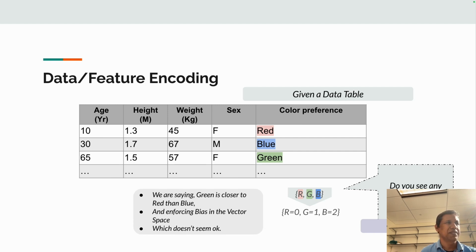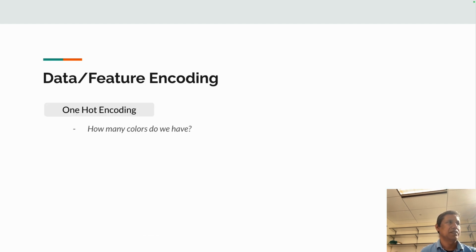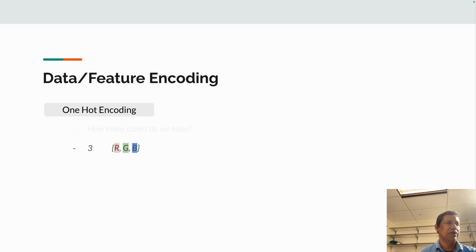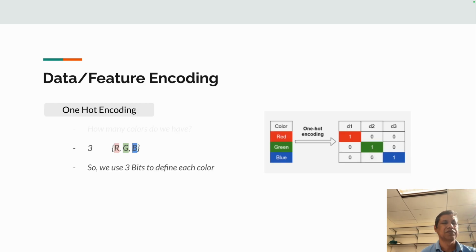So do you know some better way? Yes, we know about another encoding, what we call one-hot encoding, that actually removes that bias. So how many colors do we have? 3. Red, green, and blue. So instead of having one number for each value, we use 3 bits to encode those values.